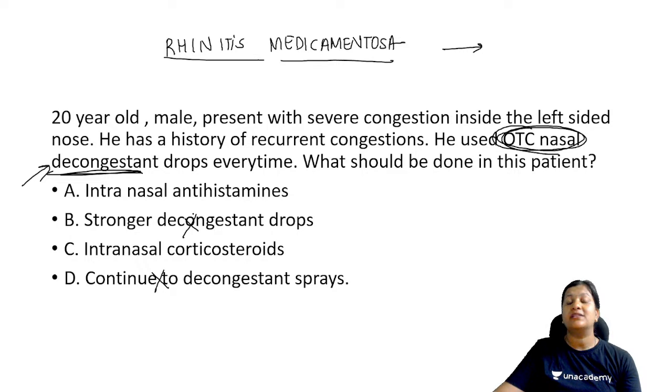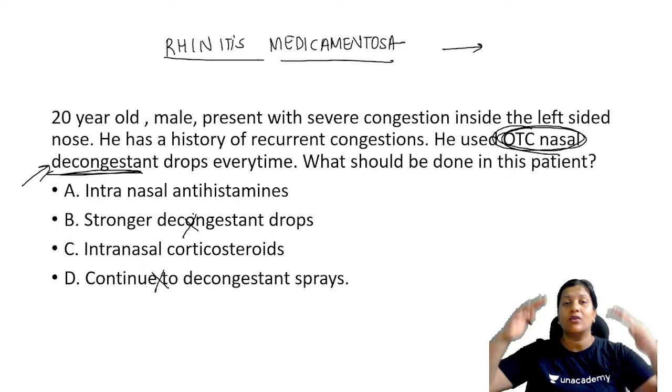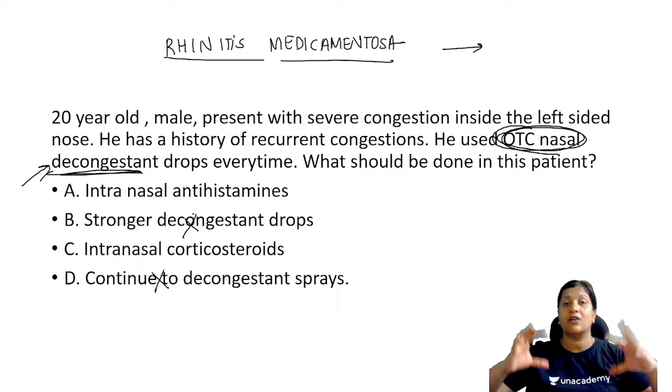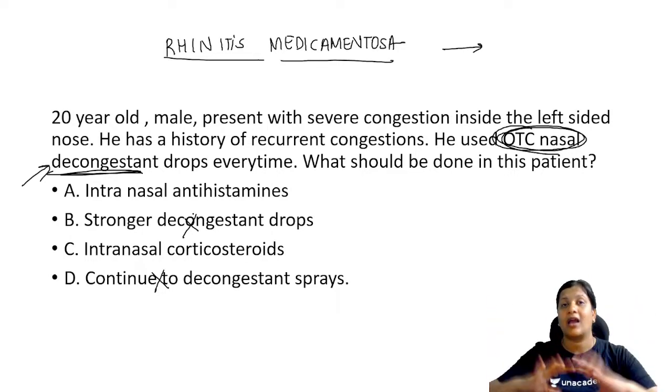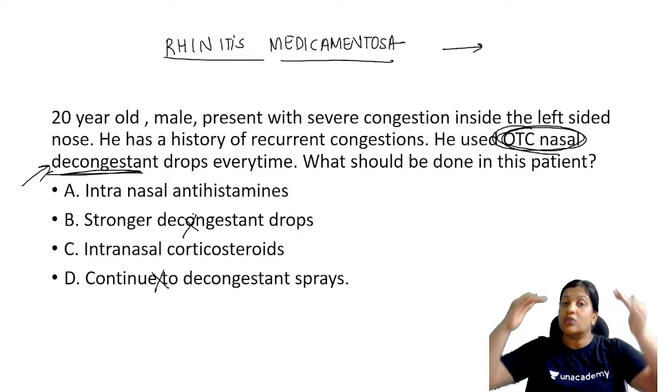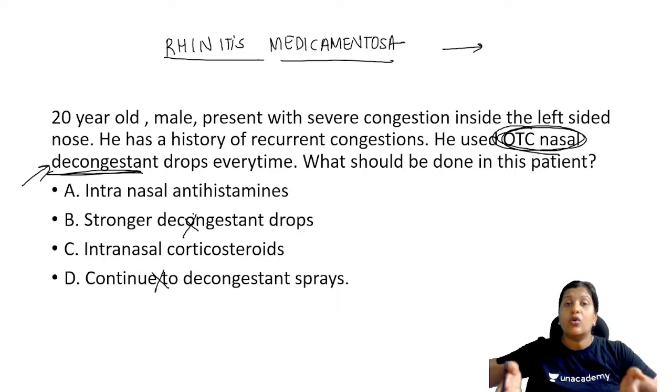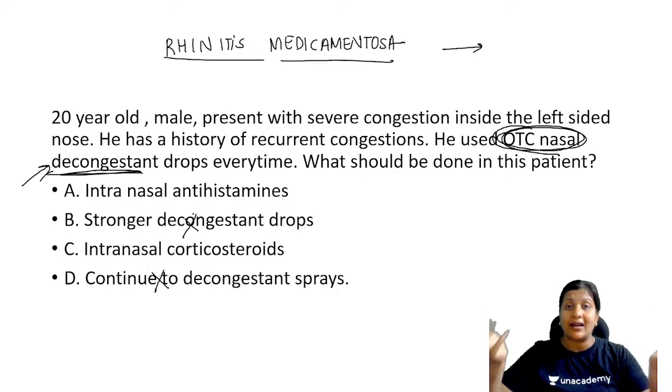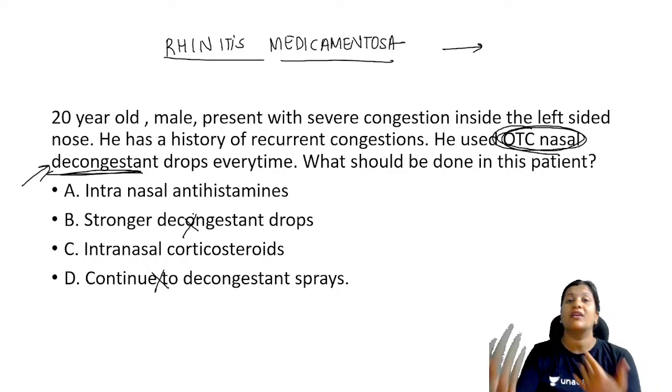What happens in rhinitis medicamentosa is that because of excessive abuse of the alpha adrenergic agonist drug, which is xylometazoline or oxymetazoline, there is down regulation of the receptors. The receptors are no longer active and functional like they were in the first use. So to upregulate or increase the activity of the receptor, we have to give a steroid.